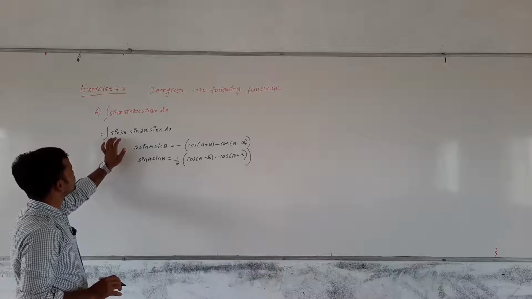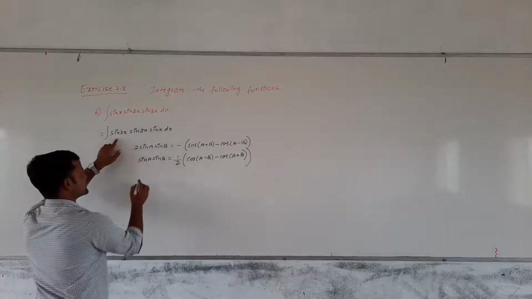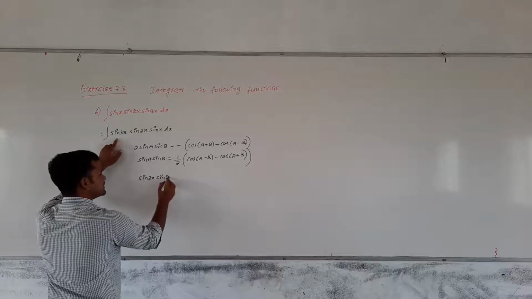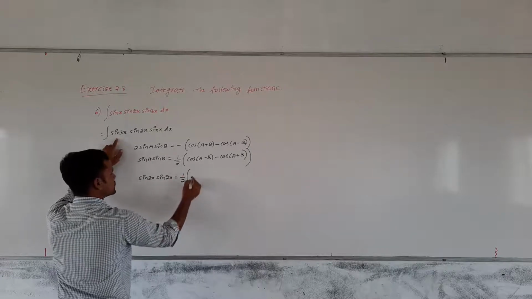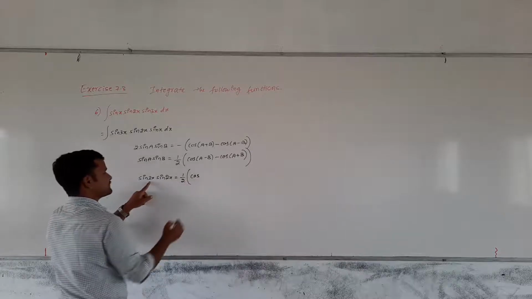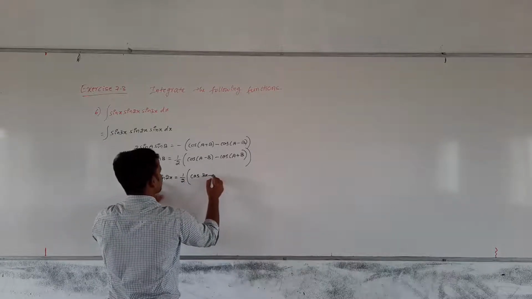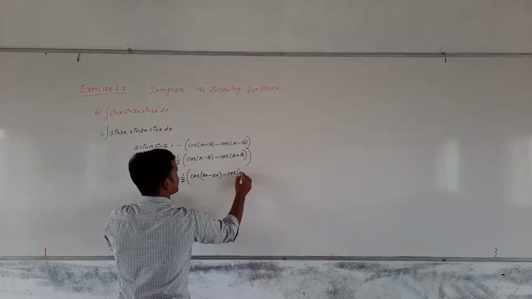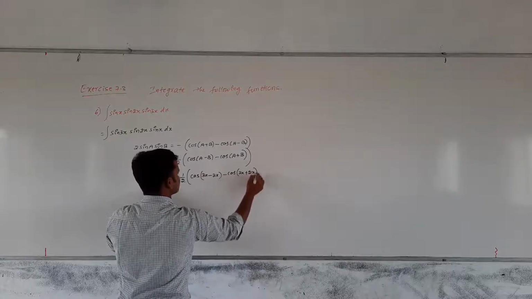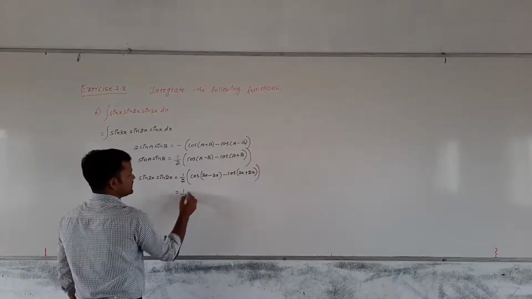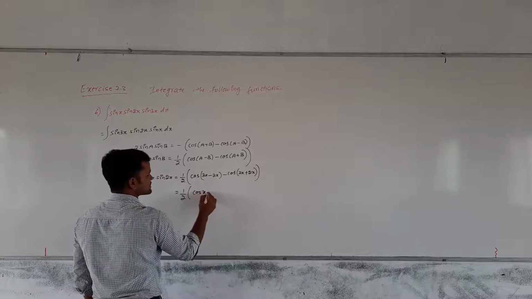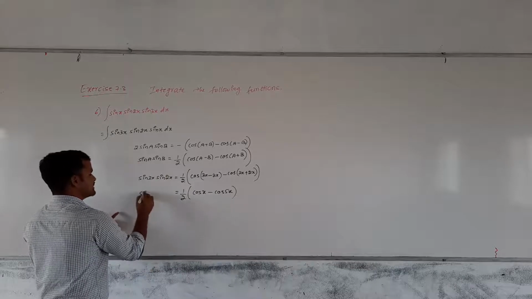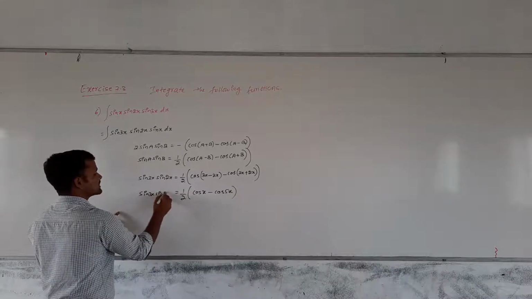Now here you see sin 3x into sin 2x is there. This is sin 3x into sin 2x, which is equal to 1 by 2 times cos of a minus b, where a is 3x and b is 2x, minus cos of 3x plus 2x. So 1 by 2 times cos x minus cos 5x. This is sin 3x into sin 2x.